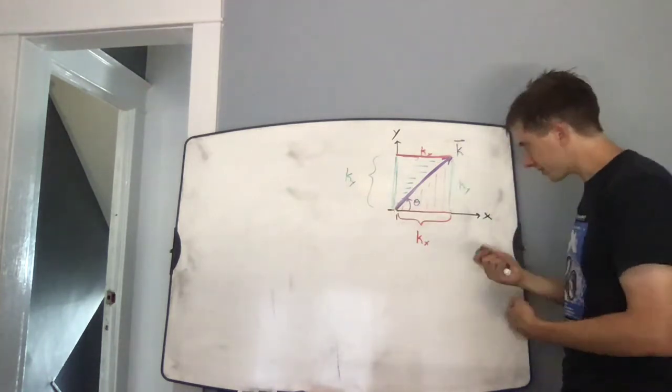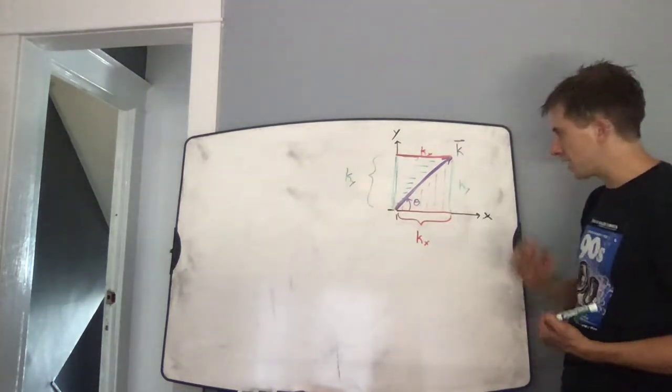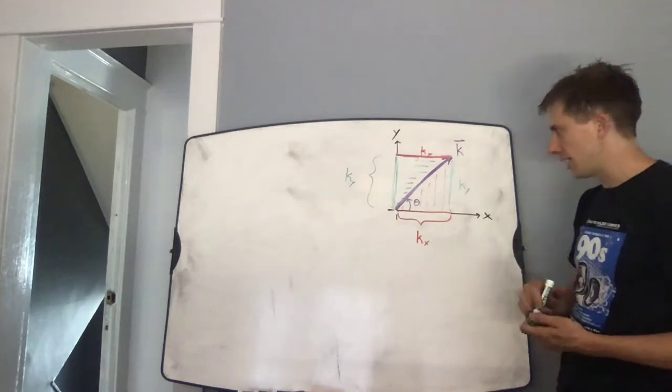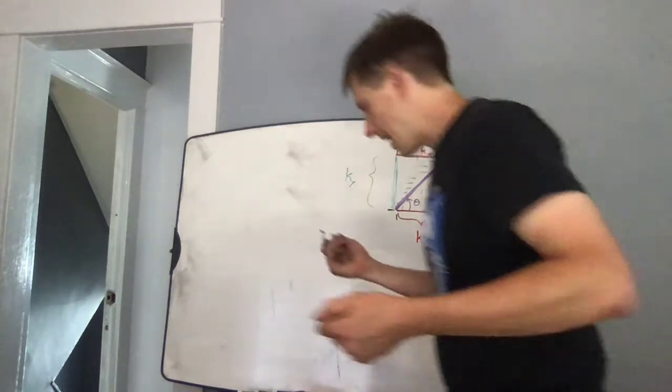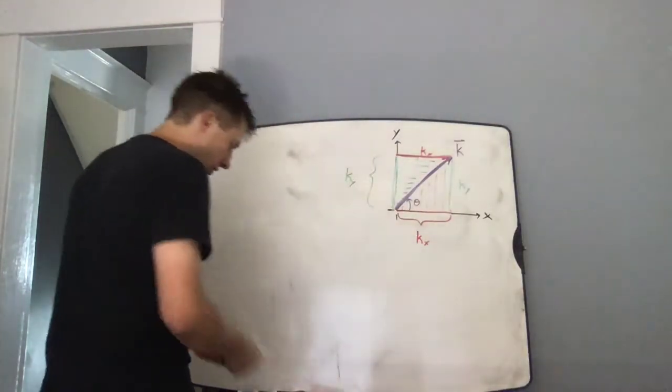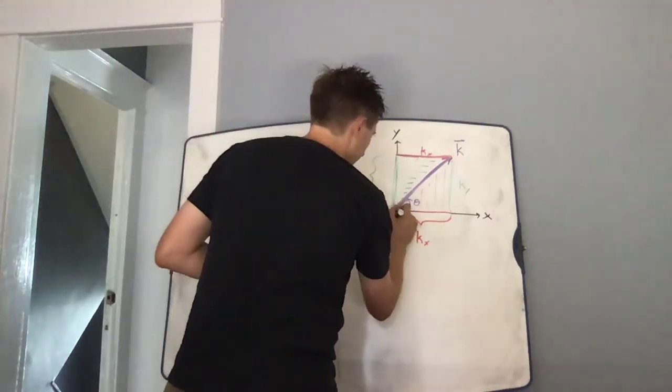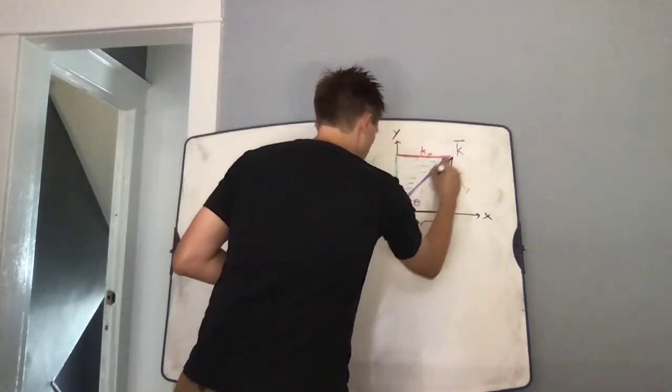Now, looking at this picture, I immediately am seeing lots of right triangles. I have one right triangle over here, and this is going to be the right triangle that I focus on for this example.